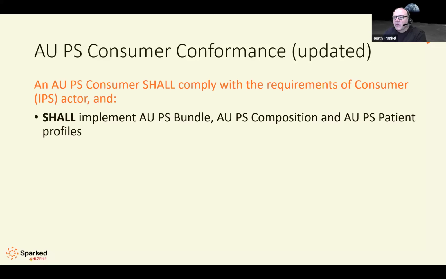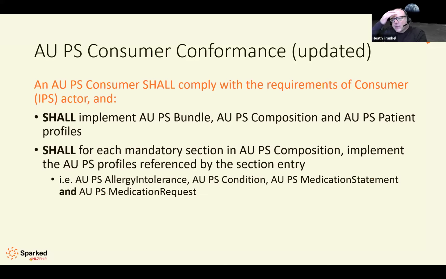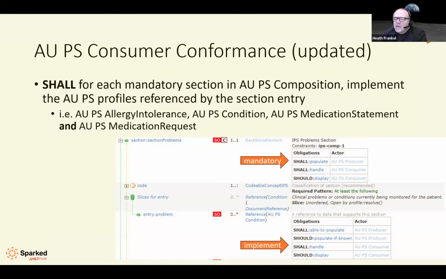Consumer. So I think pretty much this is the reverse now. So I'm going to skip through this pretty quickly. You shall implement the main resources: bundle, composition, patient. We've got shall, for each mandatory section in the AUPS, implement the AUPS profiles referenced by the section entry. So what that now means is, as a consumer, you shall handle.